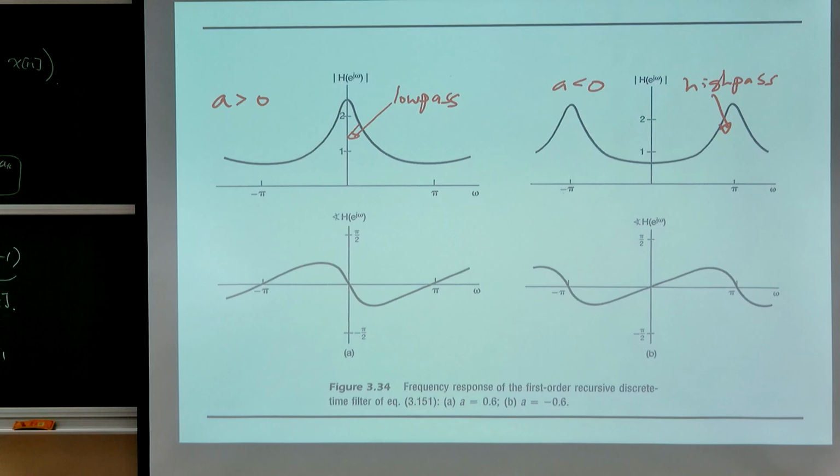Now, a natural question is, what about aperiodic signals? What about regular signals that we would see that may not necessarily be periodic? This is the subject of chapters 4 and 5.